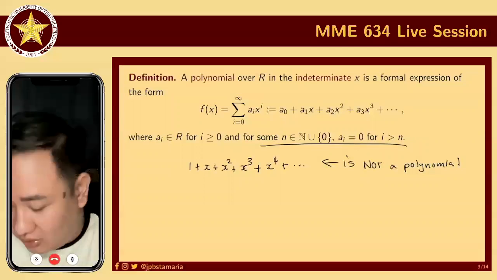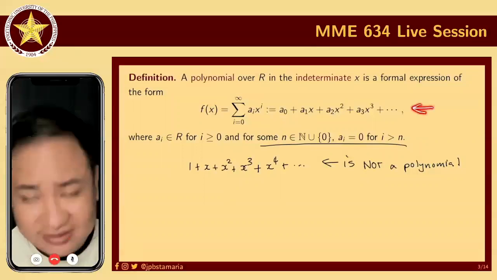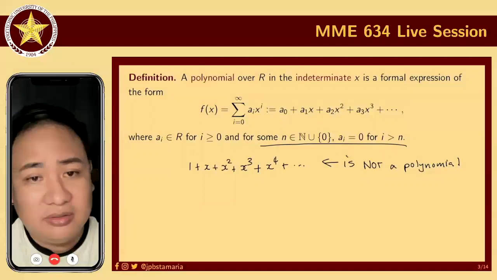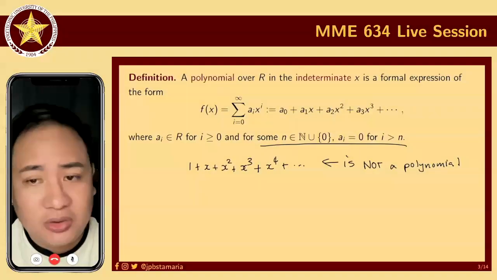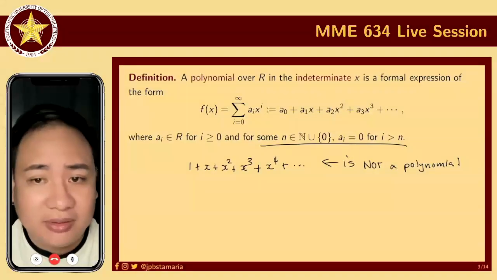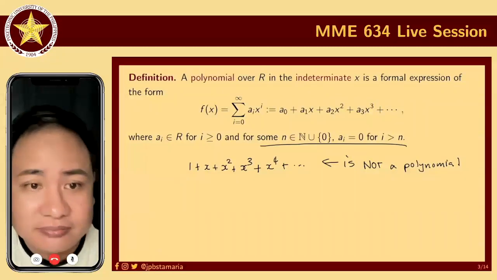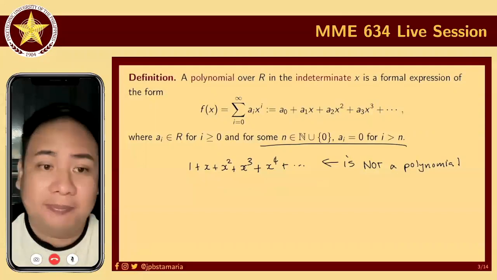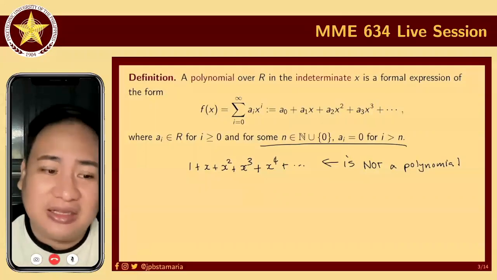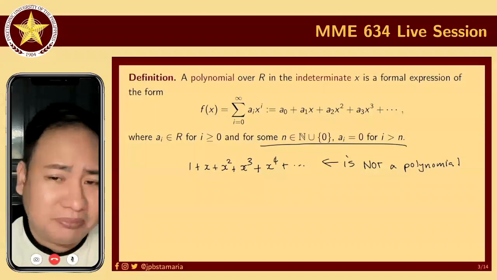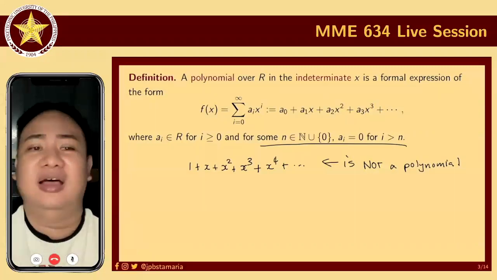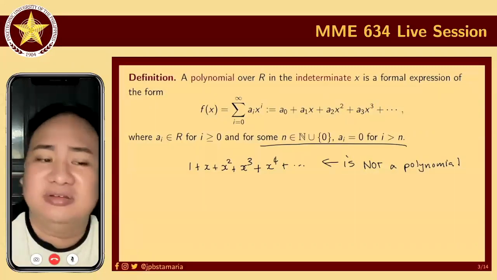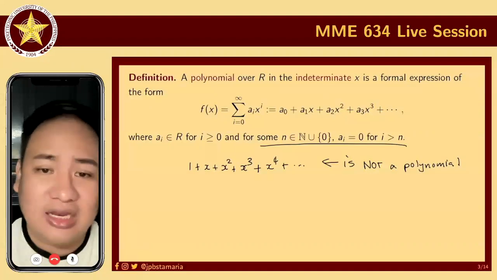So, although my expression may be infinite, a real polynomial has only a finite number of non-zero terms. You cannot have infinitely many non-zero terms. If there are infinitely many non-zero terms, it is no longer a polynomial. That is called a power series, in other branches of mathematics, especially in calculus.